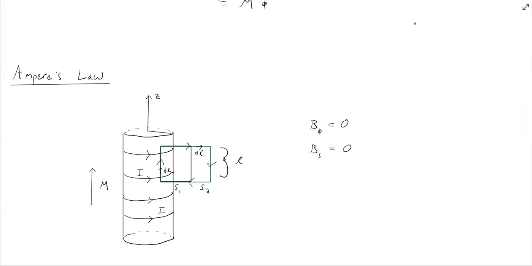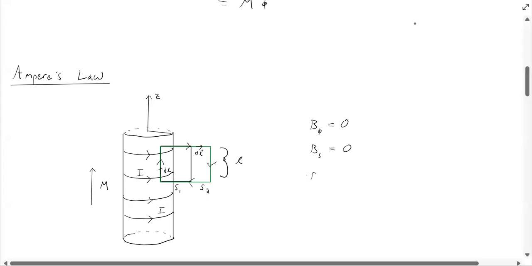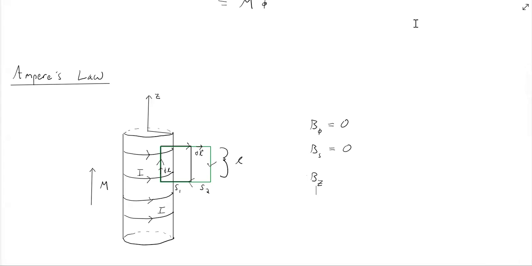But we can achieve flipping the current by flipping the solenoid upside down, which will change the current direction, but that doesn't mean logically that the B field's direction will change. So that means there can be no radial component for our magnetic field. The only component left is B_z, and we'll find that using Ampere's law.